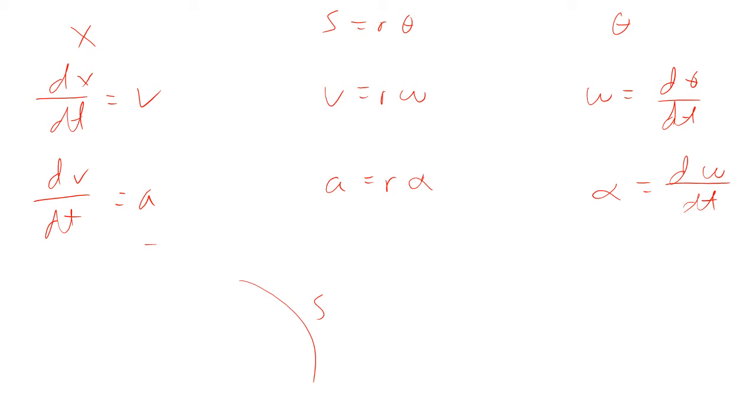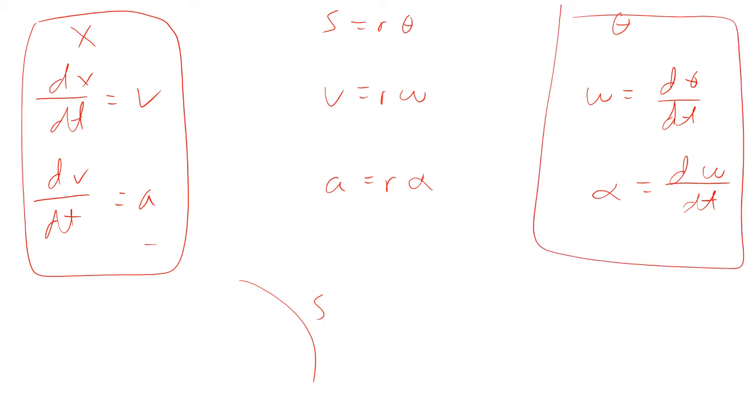Notice these relationships are to each other what those relationships are. So x is the distance traveled, theta is the angle traveled, v is the velocity, so omega is the angular velocity, a is the acceleration, so alpha is the angular acceleration. And in the middle here we have how s, v, and a are related to each other.